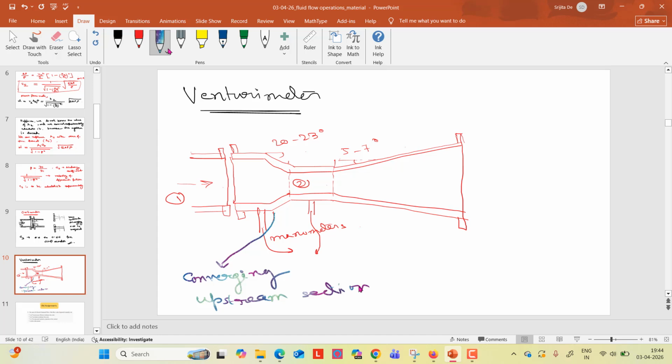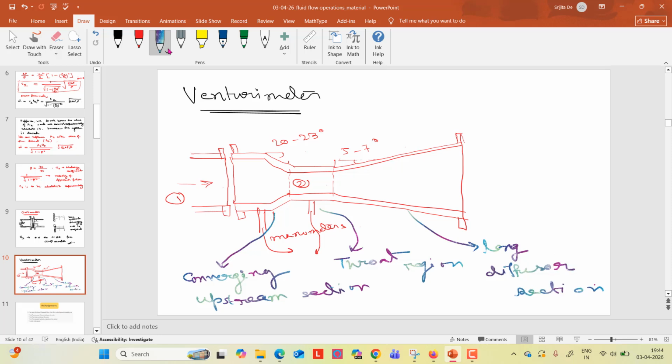So it has a converging upstream section. This region is called the throat region, and this region is the long diffuser section. So fluid is coming from here and fluid is going, and it will be creating a dead zone in both of the corners. Okay.